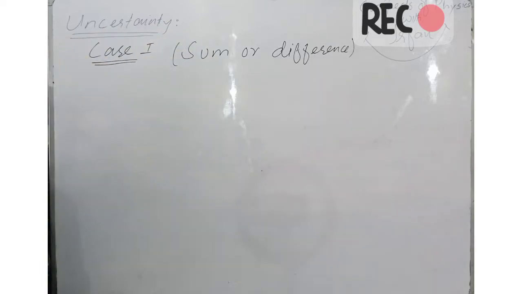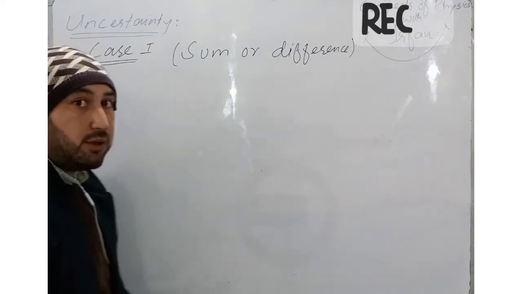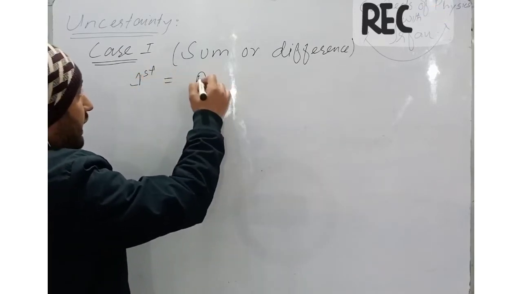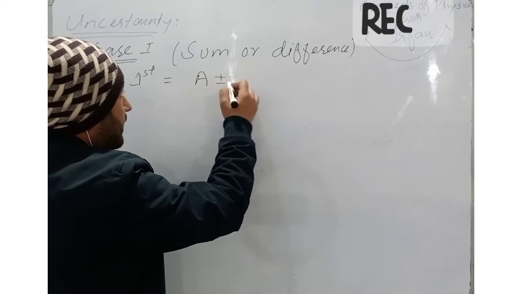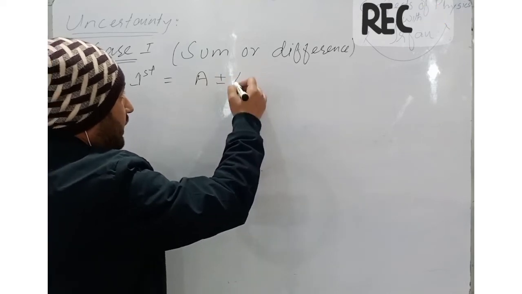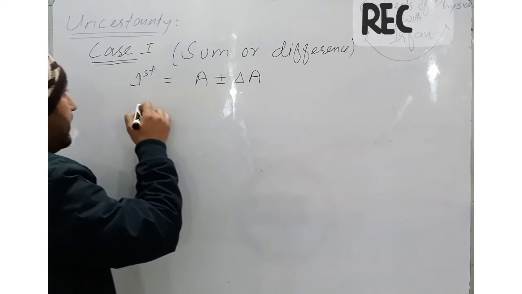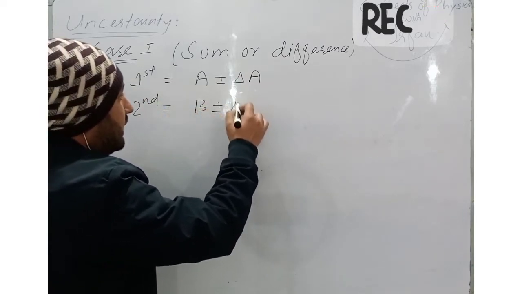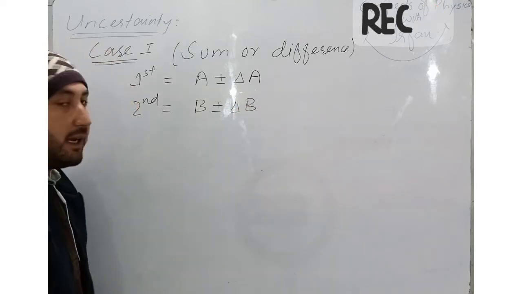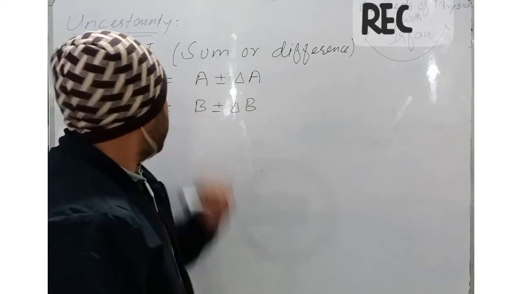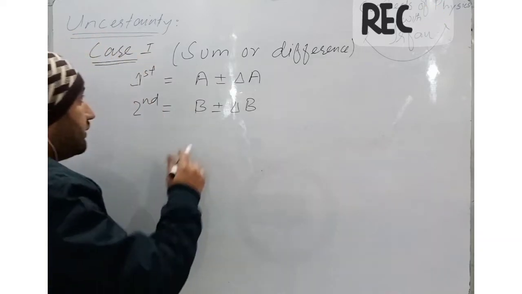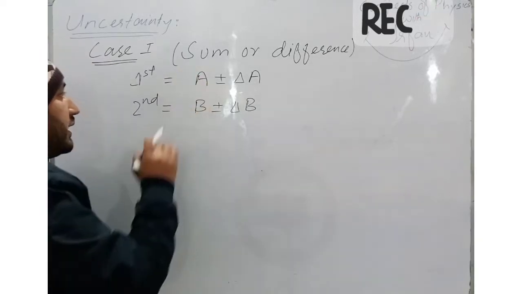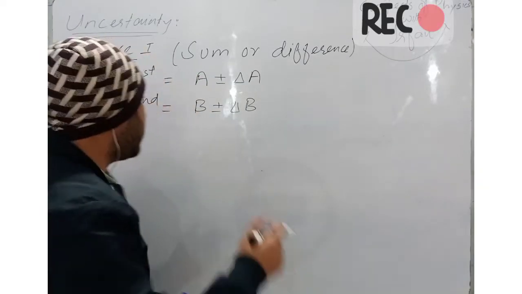So for that, let us consider that we have 2 physical quantities. The first physical quantity we call A, and the possible uncertainty is represented with delta A. The second physical quantity is B, and the possible uncertainty in B is delta B. In case of a sum, when we add 2 physical quantities, the addition gives us another physical quantity.